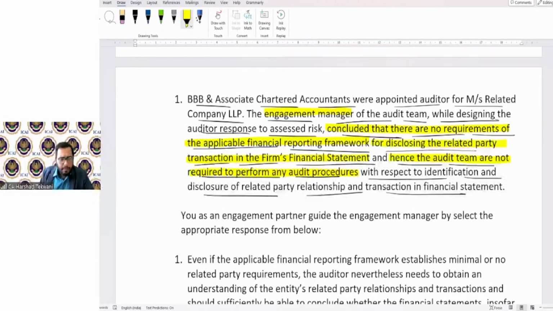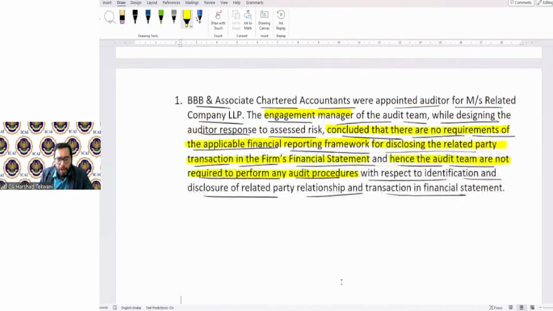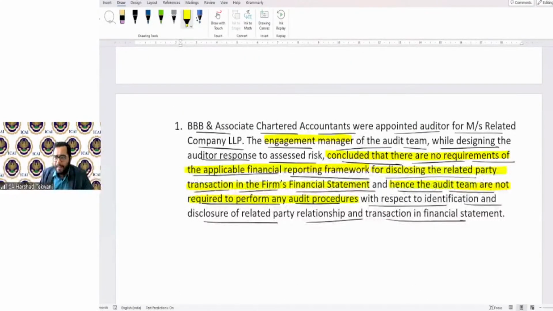So you tell me, let's not go to the options first. If there is no requirement of the financial reporting framework with respect to the disclosure of related party transactions, can we skip testing related party transactions?